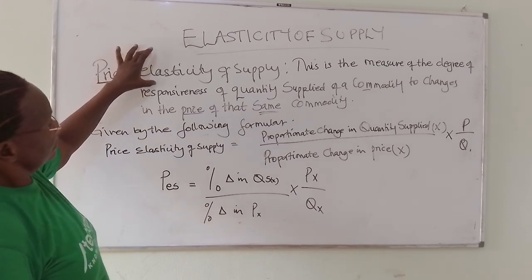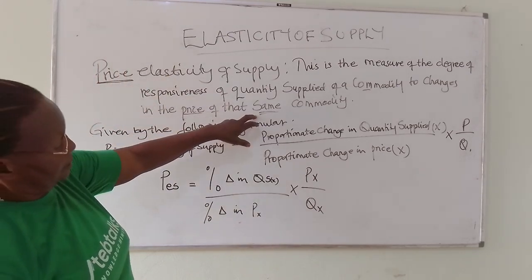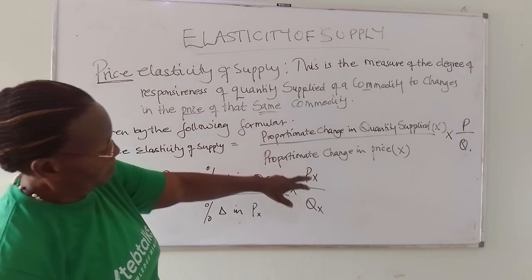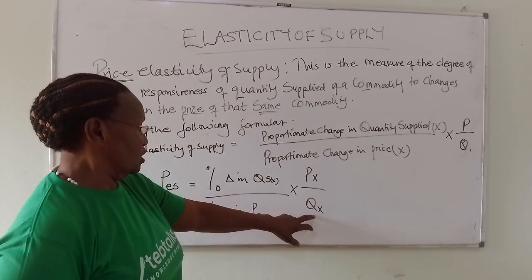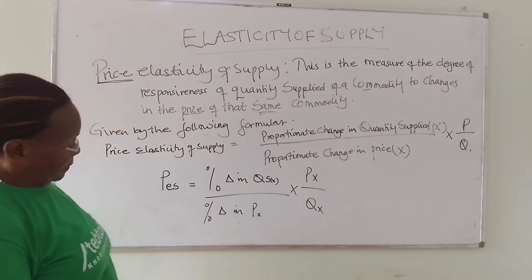Why? Because that's the definition of price elasticity of supply. We deal in the same commodity. So if it is price of X, then it is also still quantity of X and not another commodity.